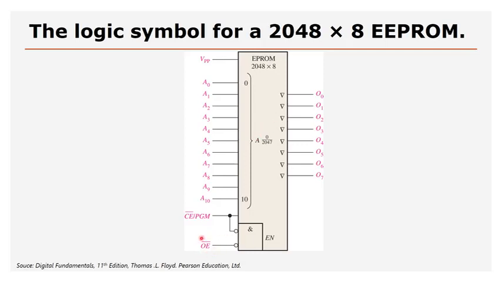Then I will read by pulling the output enable line low. I will read from the device, and the address bus specifies which location we want to read, and the data at that location will be put on the data bus and used further in, let's say, a microcontroller.